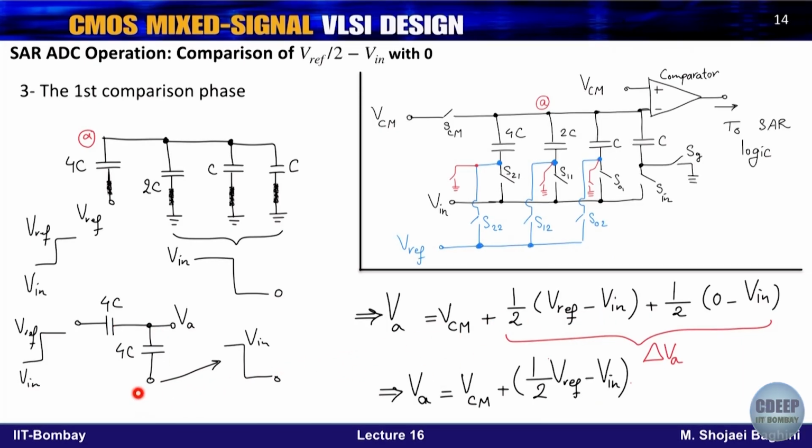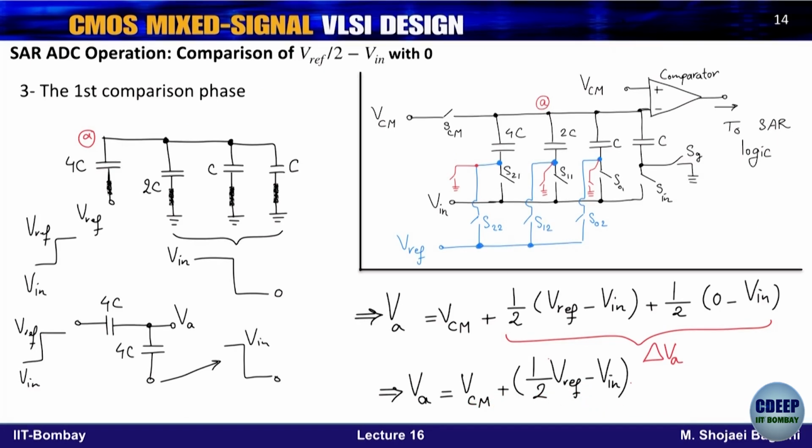Then for this input, this is superposition. Again, same thing. You make the left 0, and for this input, it will be 1 upon 2. New value 0, initial value V in. So delta V here is minus V in. Delta V here is Vref minus V in. So therefore, VA becomes V common mode plus 1 upon 2 (Vref minus V in).